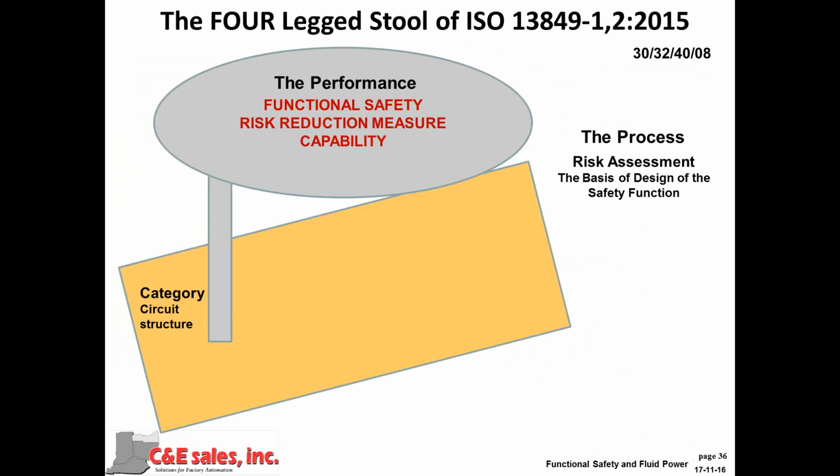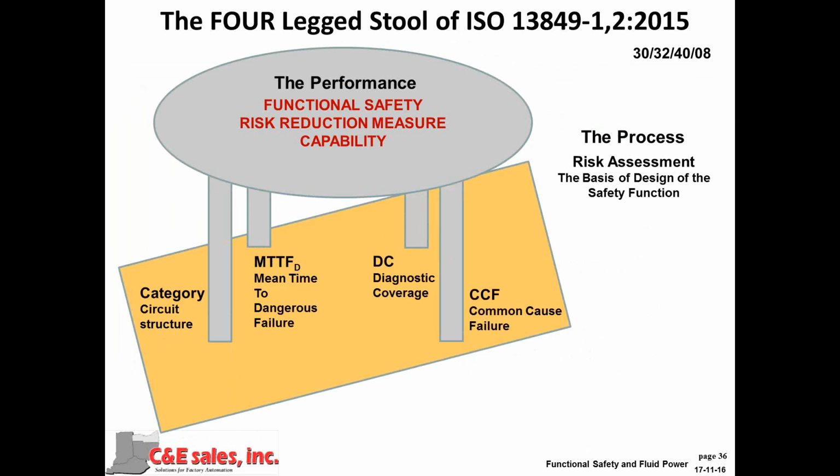That is the category, which is the circuit structure, how the components are installed. The second one is mean time to dangerous failures of the components or the subsystems. The third one is the ability to detect the failure so that I can effect a safe shutdown. The fourth is the common cause failure so that the test is indeed robust.